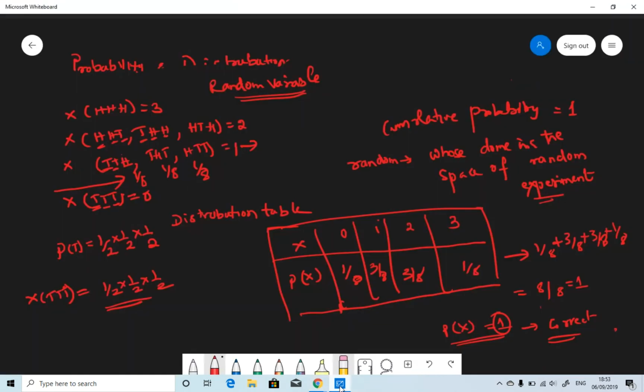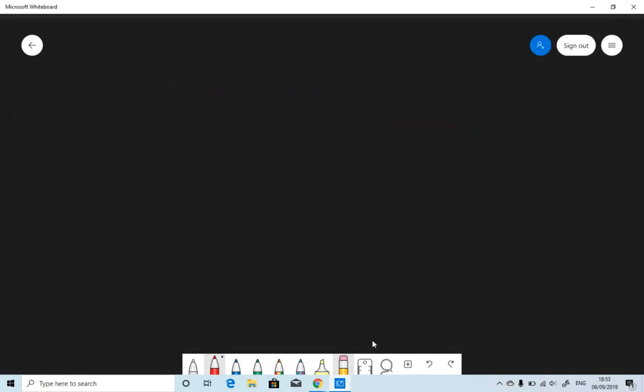Now we are going through some of the things in random variable. So random variable can be of two types. One is continuous random variable and the other is discrete random variable.